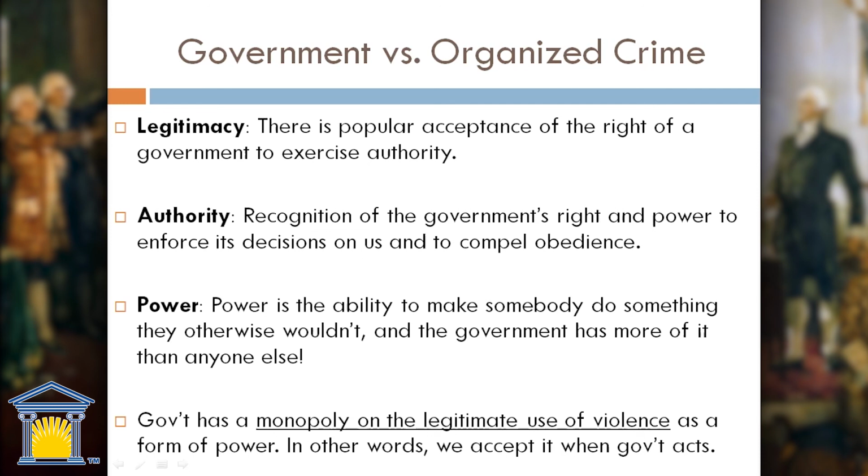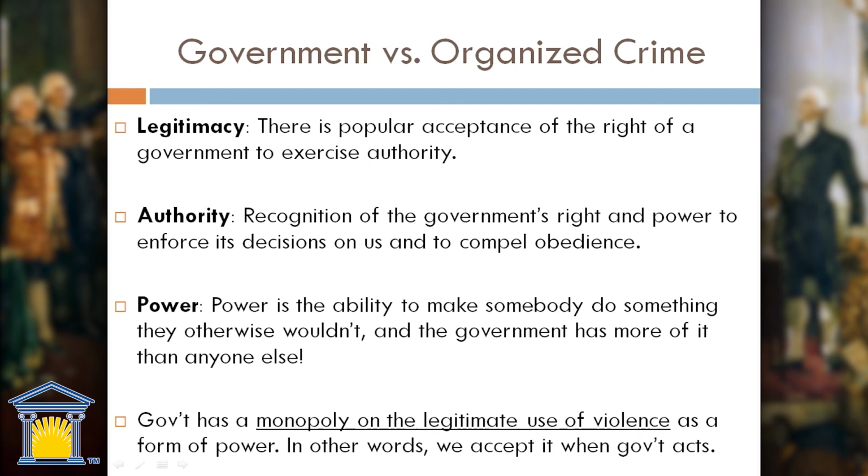Now, where this right comes from depends on who you ask. In democracies, we tend to believe that the right to exercise authority comes from the consent of the governed, right? Comes from the voice of the people through the electoral process. But one way or the other, governments tend to be more legitimate.